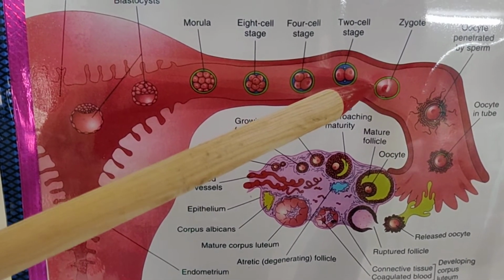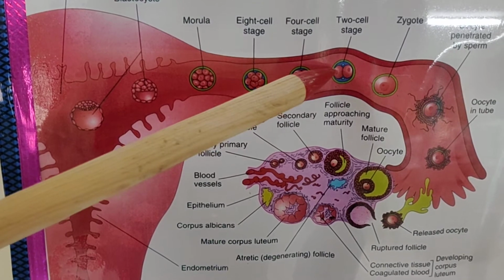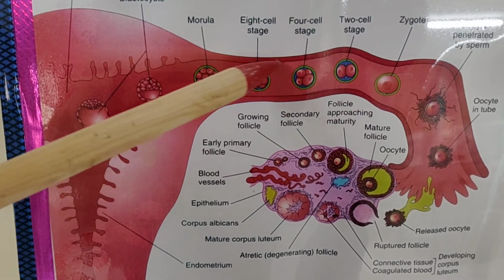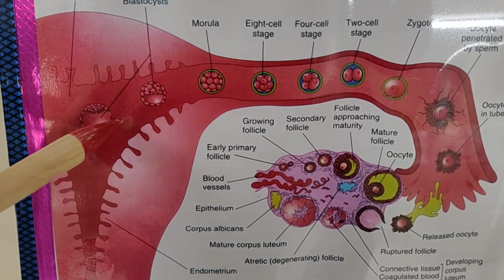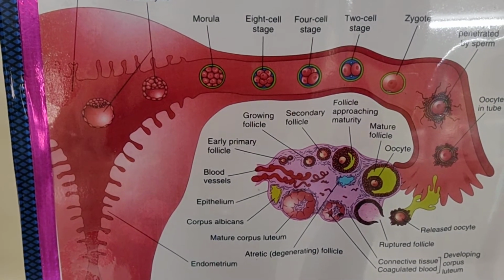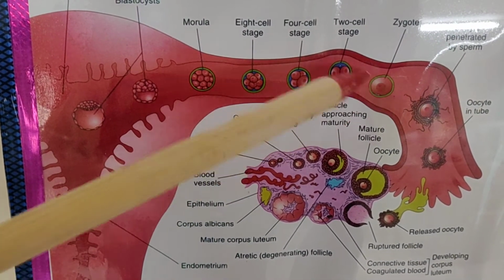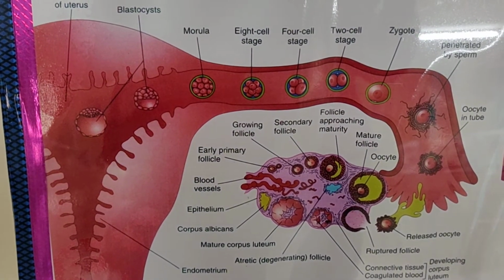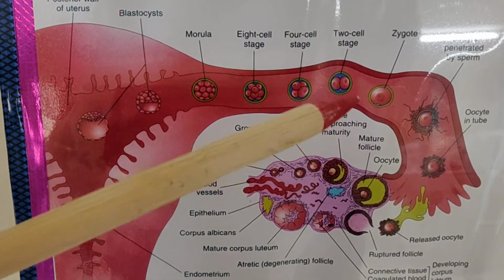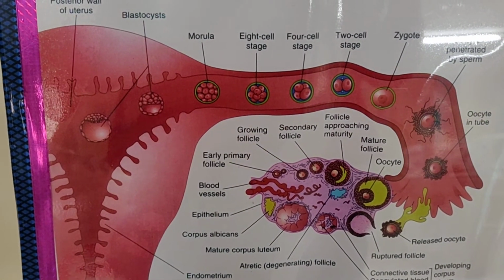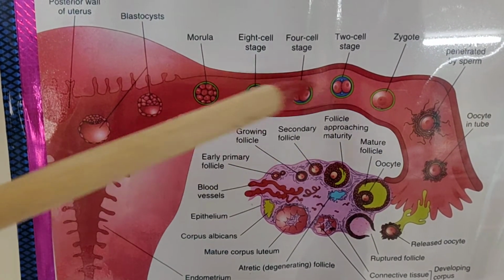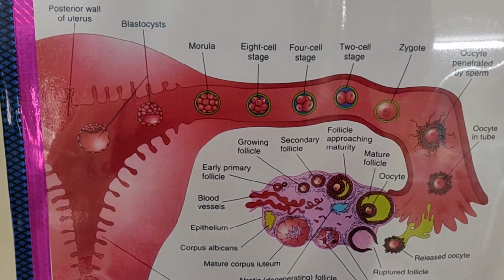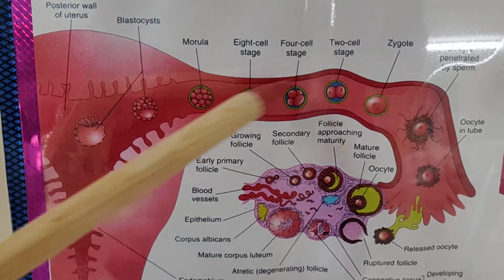Then this zygote undergoes cleavage and starts moving towards the cavity of the uterus. There are two factors that play a role in this movement: one is the ciliated epithelium of the fallopian tube, beating towards the lumen of the uterine cavity, and the second is the contraction of the fallopian tube.